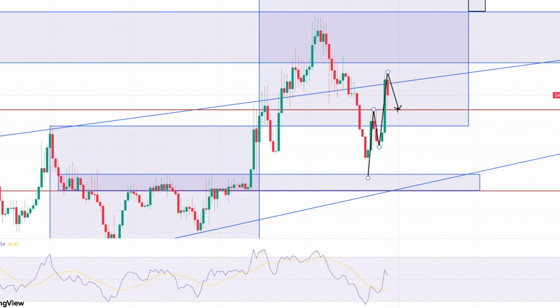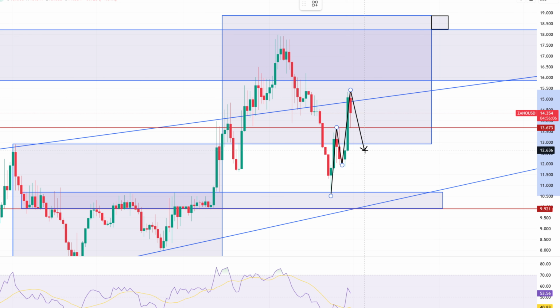Of course, this is the first warning sign, but what we do not want to see, and what would invalidate this bullish thesis that I have just talked about, is if we are dropping back here below the breakout level. If we are dropping below this and have a daily candle close below this, then 90% likelihood that we are not going to this price target here within this time window. So then likely we will do this later, but not until the 4th of November.